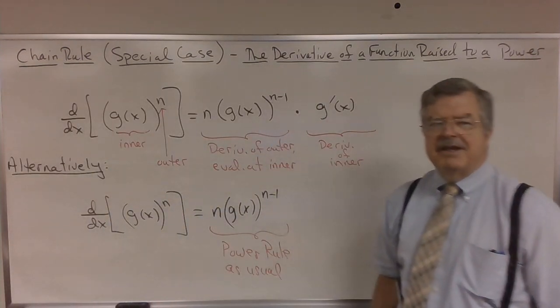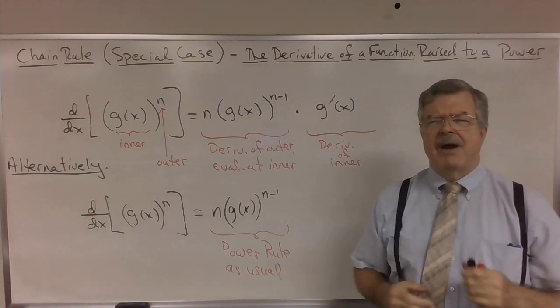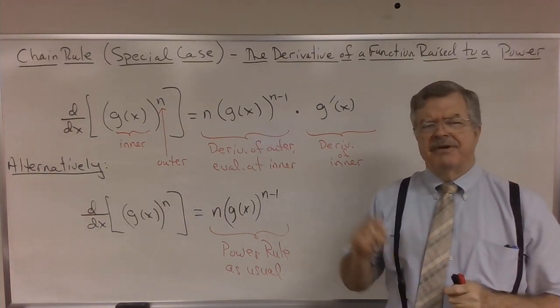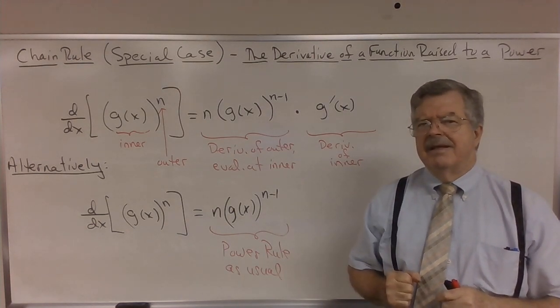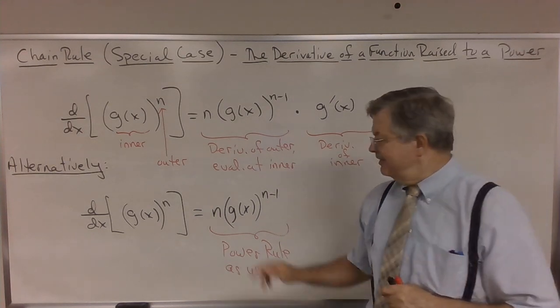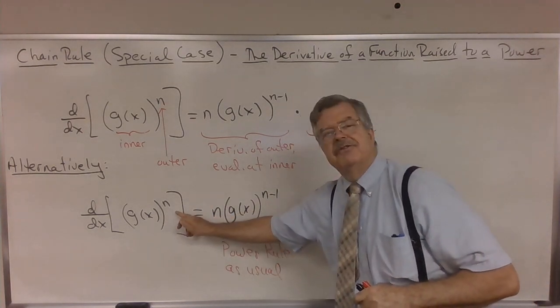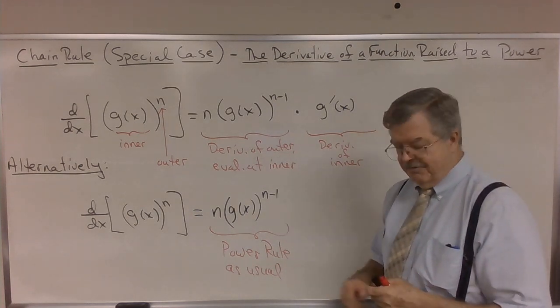And then I have to be careful because now I've just remembered that the power rule tells us how to compute the derivative of x raised to a power. And I don't know if that really works for a function g of x raised to a power. But in my mind, this is the power rule as usual.